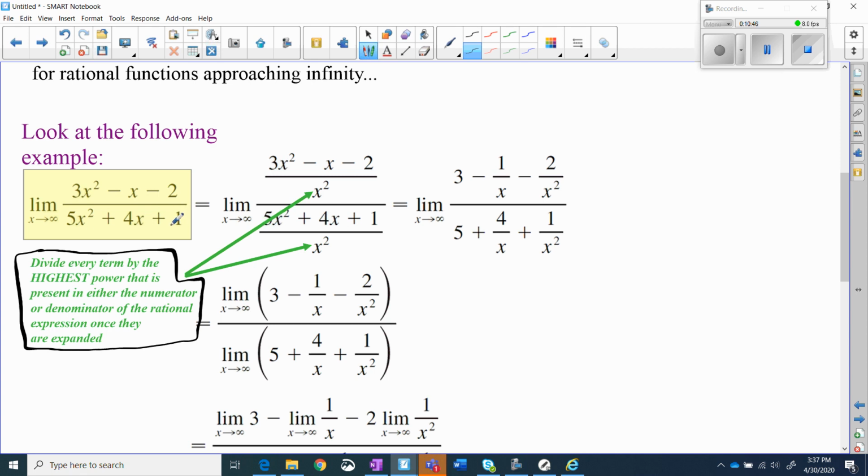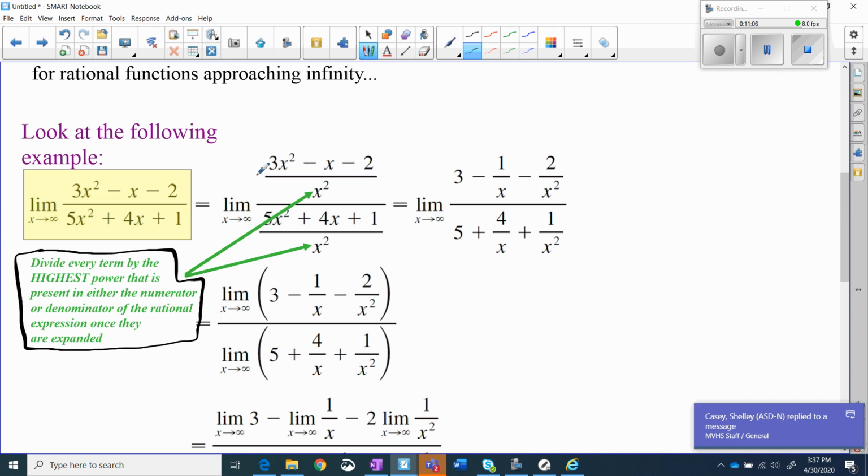The process will be to divide the numerator and denominator by the highest power that you see anywhere in the entire rational expression. This one, when I look it over, I see x squared, x to the 1, x squared, x to the 1. The highest exponent anywhere in this whole fraction is x squared.